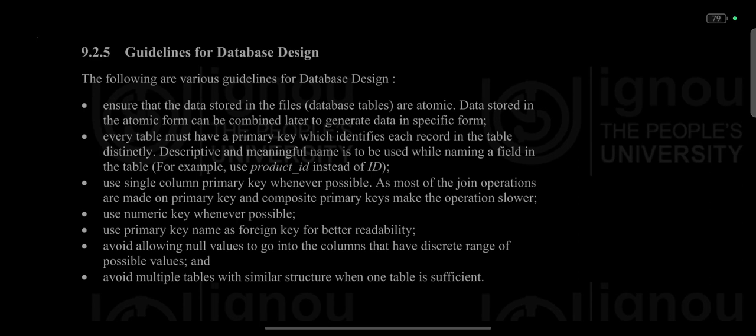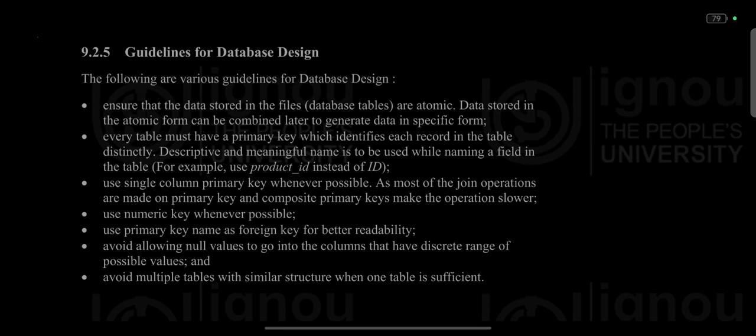Use single column primary key whenever possible, as most of the join operations are made on primary key and composite primary keys make the operation slower. Use numeric key whenever possible.